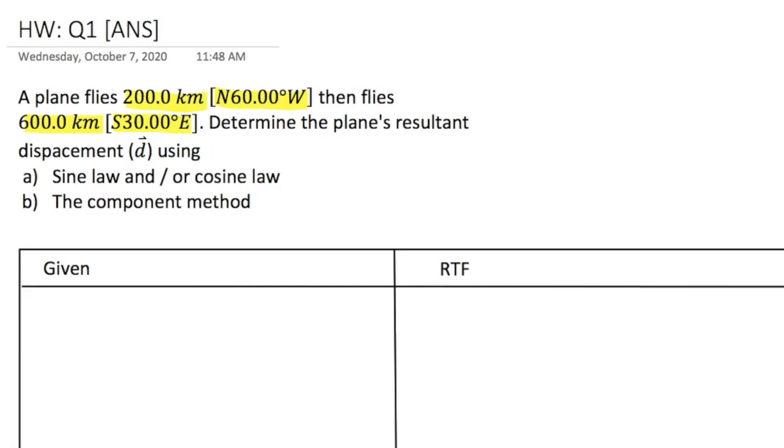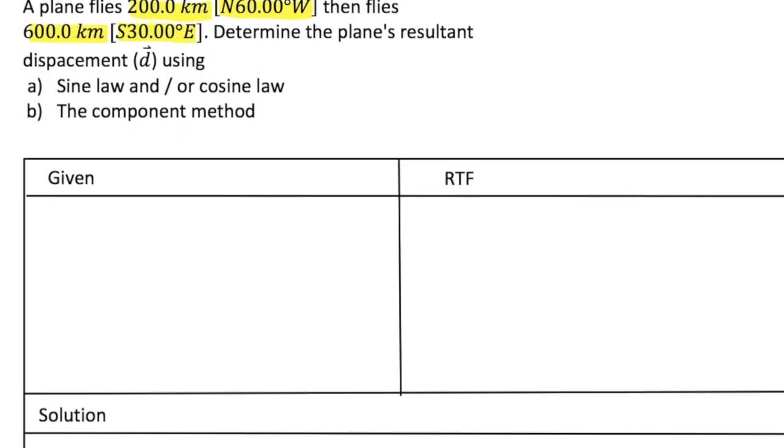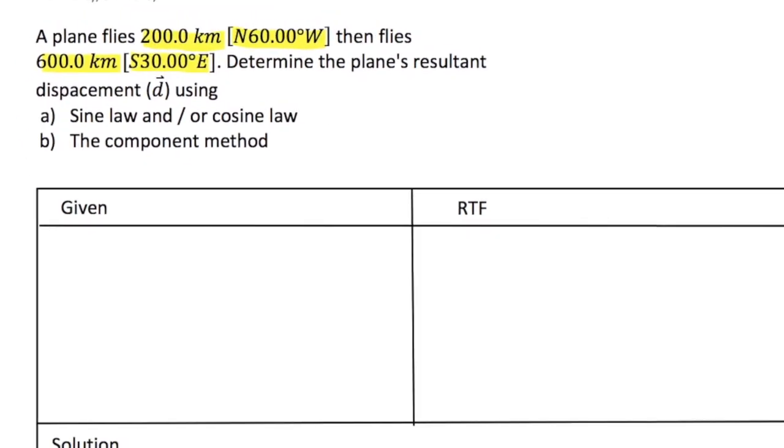And from my experience, students get it correct 30% of the time when they use sine law, cosine law, especially at the very beginning. Whereas students who choose to work with the component method, about 80% get it right. So I find the component method is just a much more reliable way of doing things. And hopefully this will demonstrate why I value it so much.